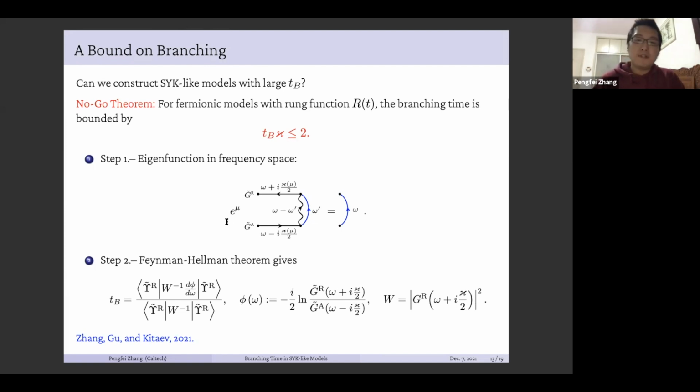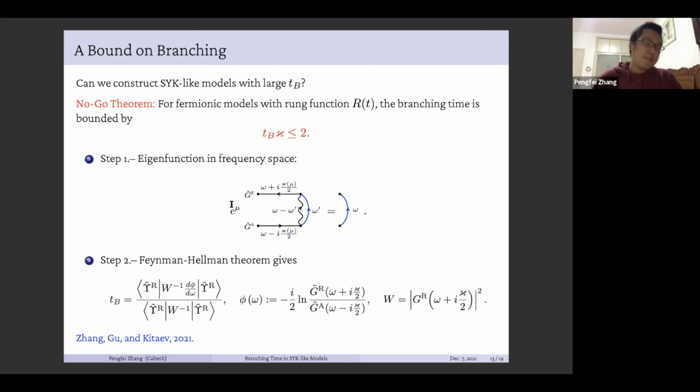After adding it, you can ask what is the explicit dependence on mu. It will appear in this factor, but in addition, it also appears through the dependence of the Lyapunov exponent. So there will be a dependence on mu in the argument of the retarded Green's function and the argument of the advanced Green's function. Then using this eigenequation, we can use the Feynman-Hellmann theorem to take the derivative with respect to mu and set mu goes to 0.